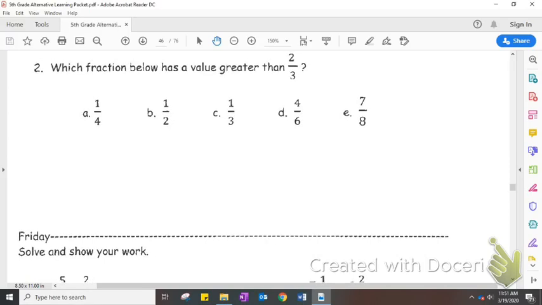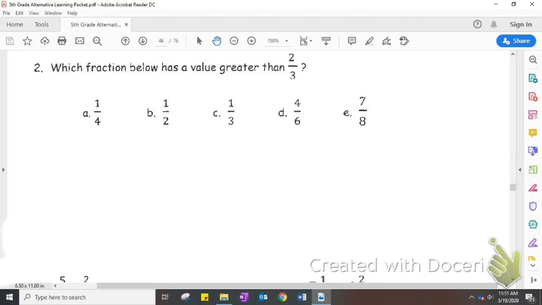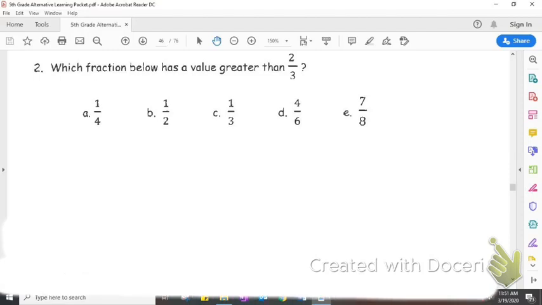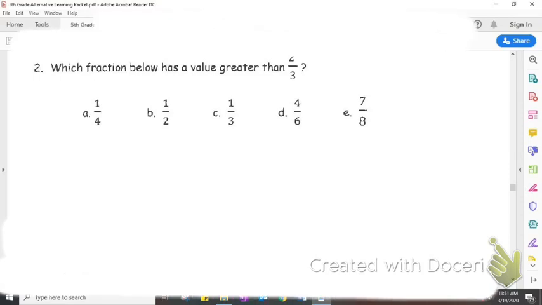All right, this one. Which fraction below has a value greater than 2/3? Gonna give myself some space once again. Greater than 2/3. All right.